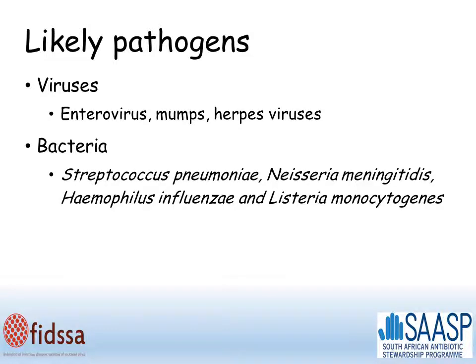Various bacteria, particularly Streptococcus pneumoniae, Neisseria meningitidis, Haemophilus influenzae, and Listeria monocytogenes, cause bacterial meningitis, and there are some rarer causes such as tuberculosis, fungal infections, and helminths, and also some non-infectious causes such as drugs and malignancy.